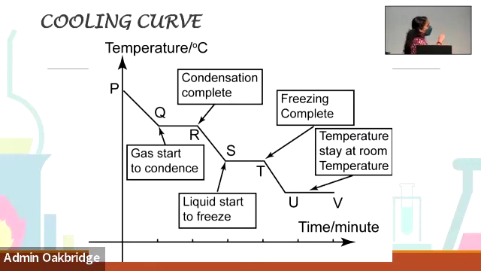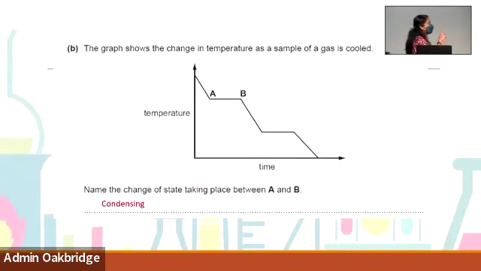From Q to R, your condensation process is still going on, and then it stops at R. When the condensation process is going on, it is the process where it is becoming liquid. So at R, the condensation is already complete. It has already become liquid, and then the liquid comes down and starts to freeze. That's how the answer is supposed to be if they are asking what the state of matter is, whether it's liquid, gas, or solid, right?